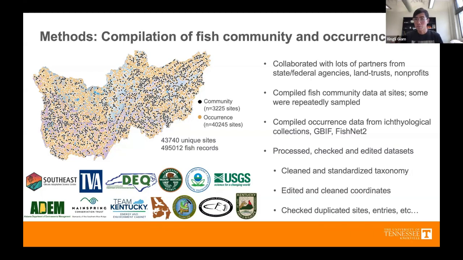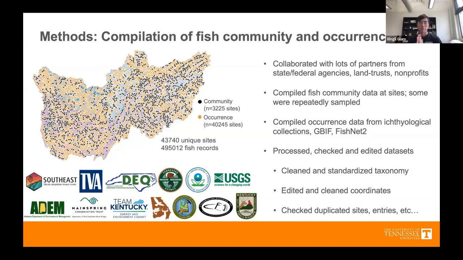They might be looking for one or two species, but they may or may not collect all the species they encountered. So when they deposit or record the species in the museum, for a given location on a given day, we can't be quite sure if the 2 or 3 species they recorded comprise all of the species that were there at the same time. So there's a difference between community data and occurrence data, right?